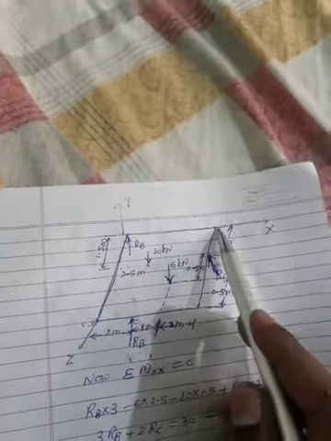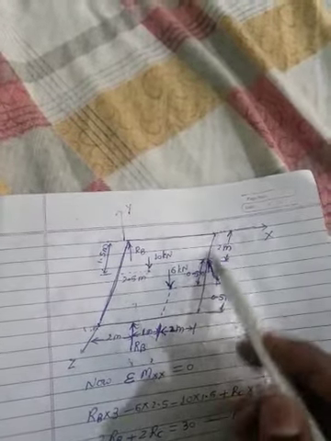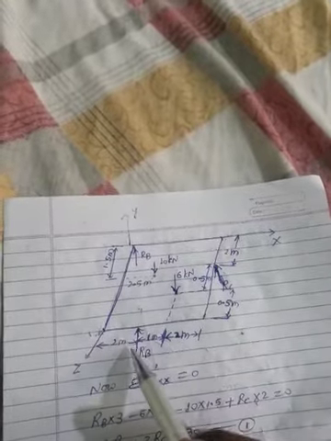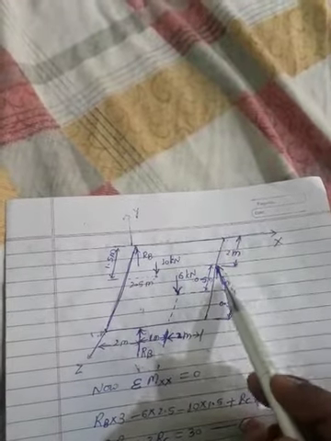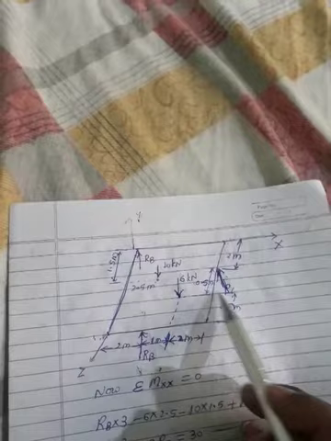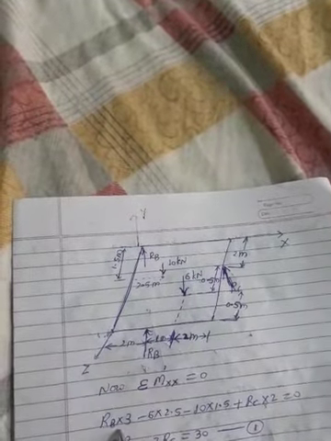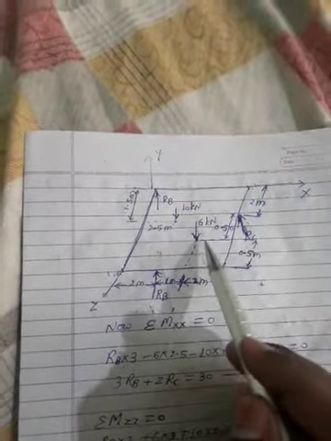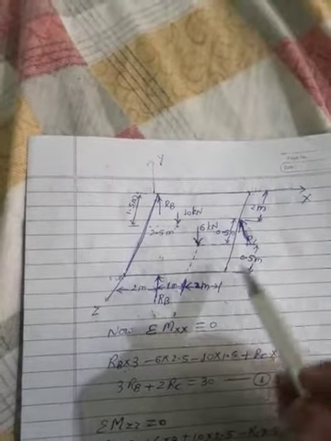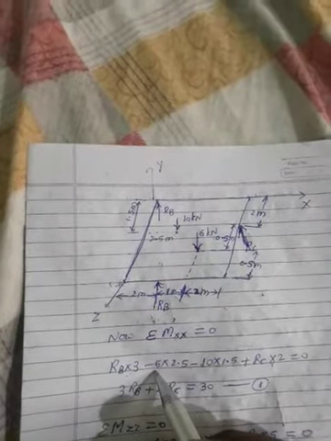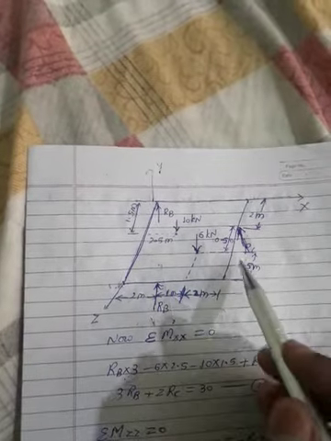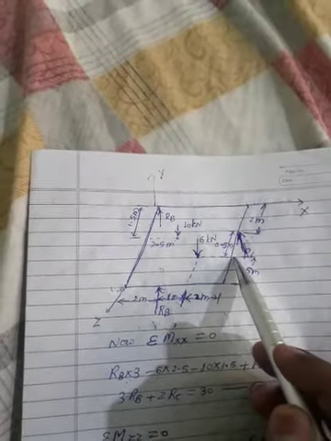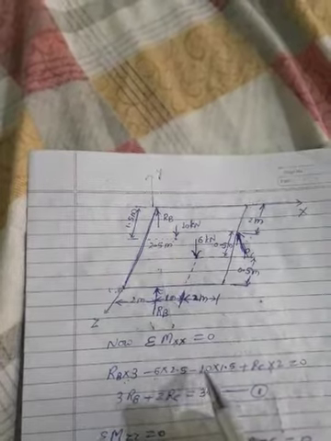The distances are also given. This is the x axis, so the perpendicular distance will be this z. For RB the distance is 2.5 plus 0.5, that is 3, so RB into 3, rotating clockwise. Now the 6 kilonewton will rotate anti-clockwise, so minus 6 into distance 2.5.